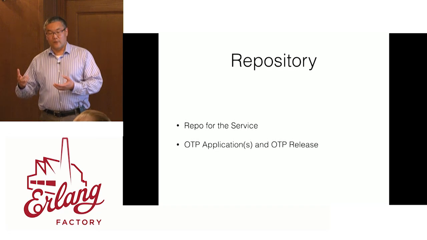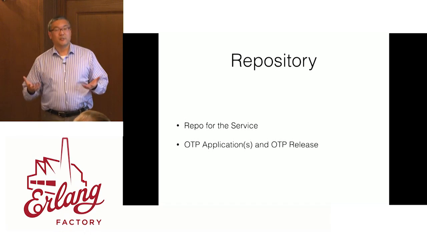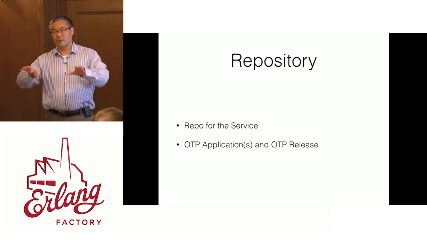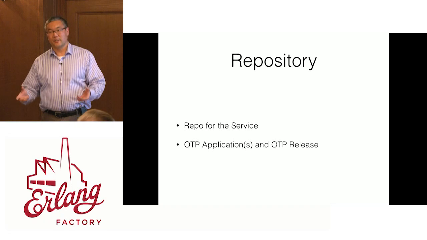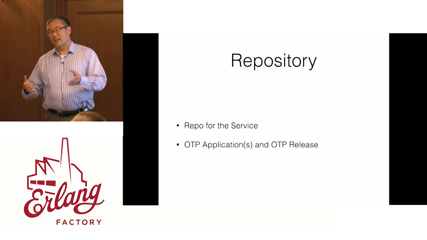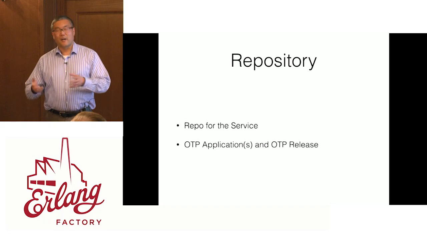So for example, if you're building a caching service, you'll have your source directory, which has all of the code that's implementing your cache. It might list some dependencies that you're relying on, like network libraries or client libraries for Redis.